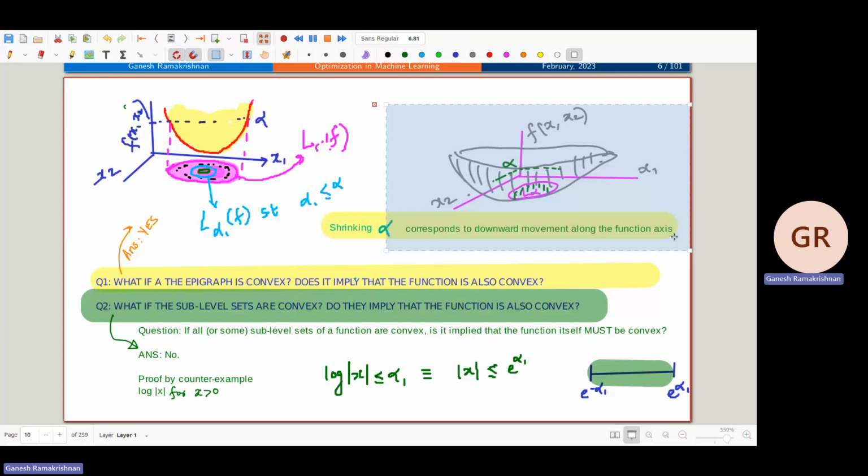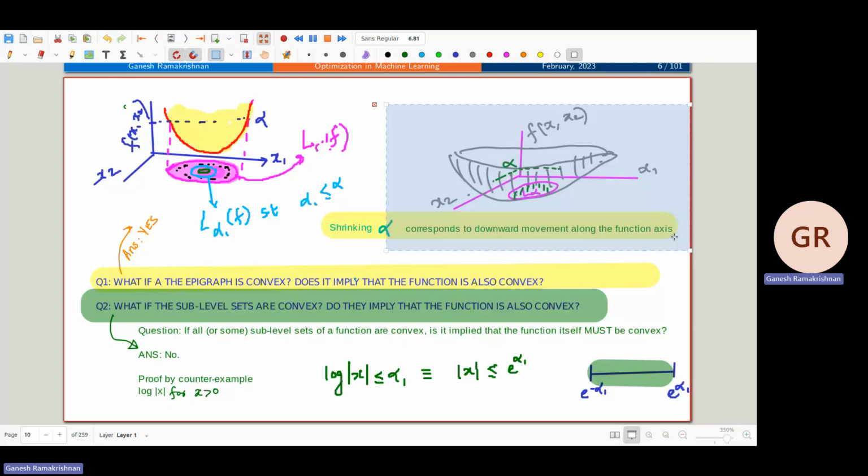So what do you conclude? Can it be convex? Not convex. You can plot it as well.